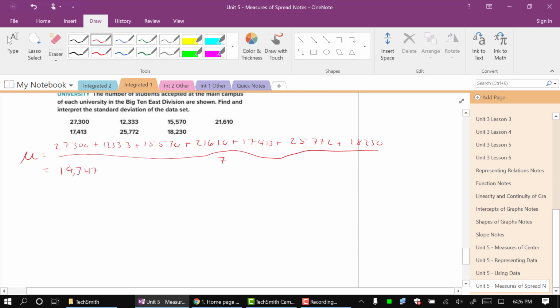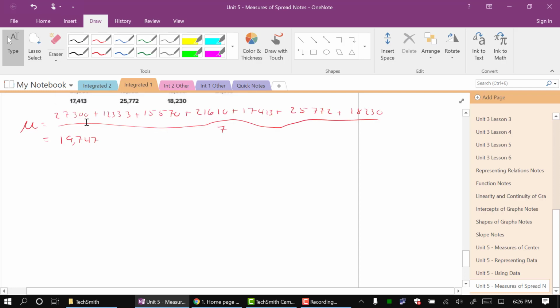19,747. So now what we're going to do is take this, subtract it by this, and square it. So for our first one, it's going to be 19,747 minus 27,300 squared, which gives me 57,047,809.